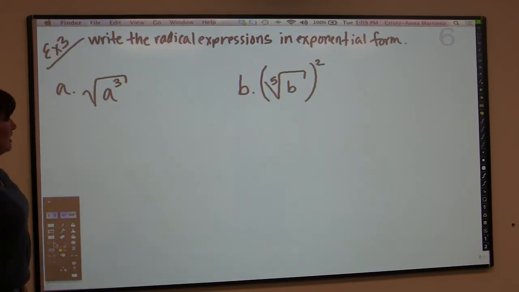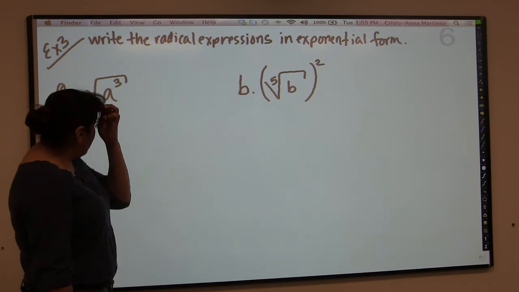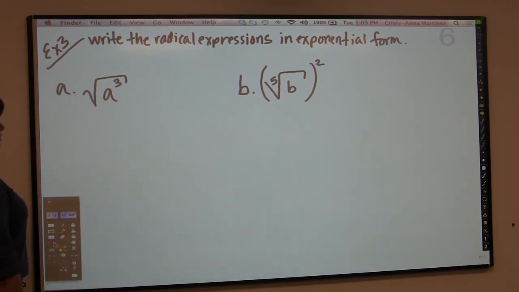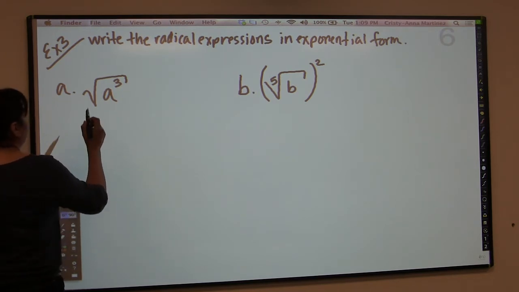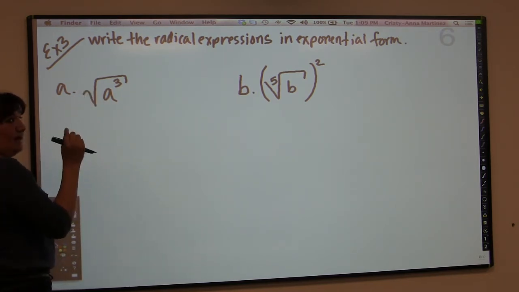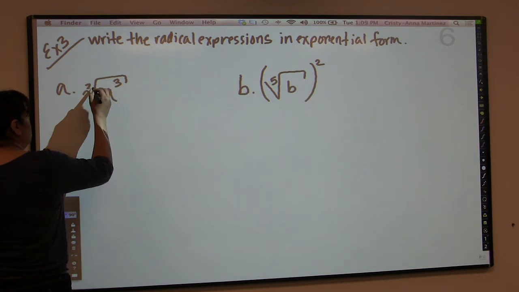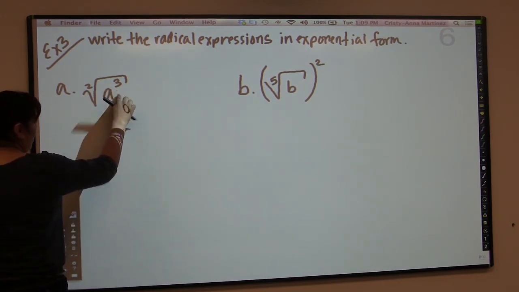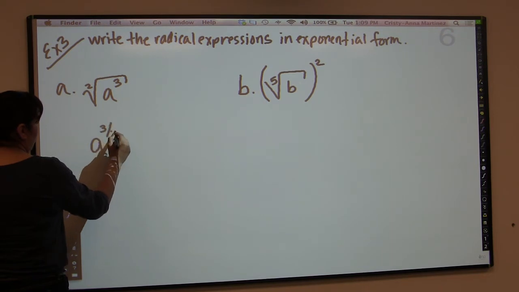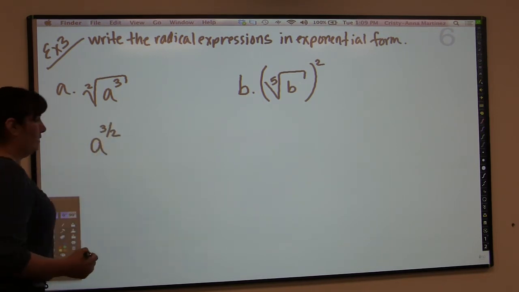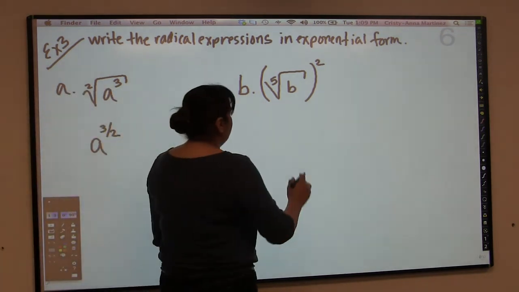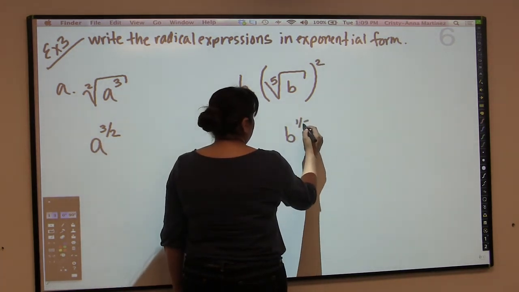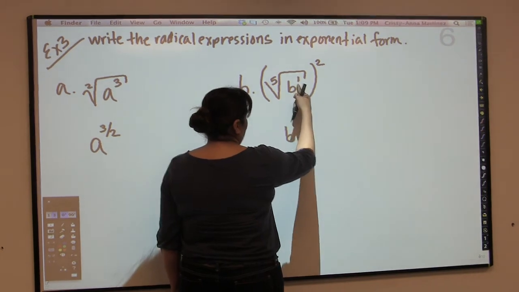And now we're going to go the other direction. In this case, they want us to go from radical form to exponential form. So this index is a 2. Remember that if it's not explicitly written, you assume that it's a 2. So the number inside the radical goes on top, the index goes on the bottom. So a to the 3 halves power. Done. In this case, we have b to the 1/5 power because this is b to the 1 power inside the radical.